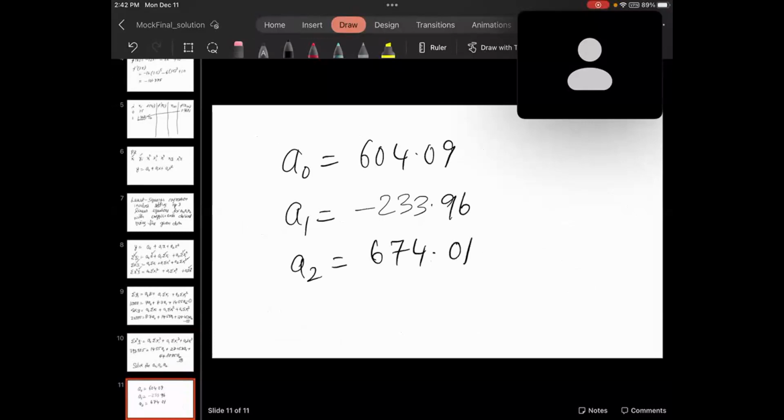So I'll enter this in my Word file. a0 is 604.09, minus 233.96, and then 674.01.